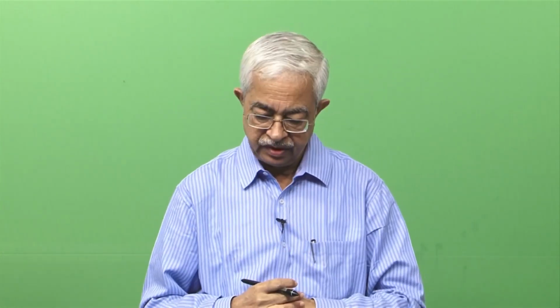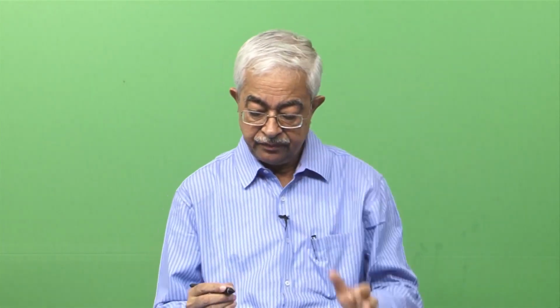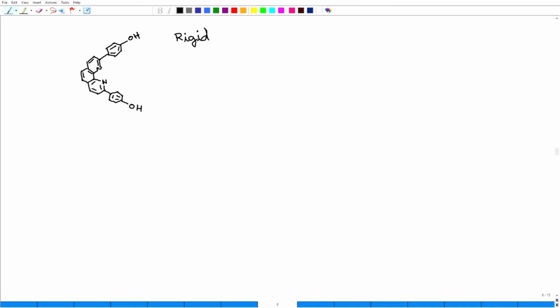So, number 1, we have to take a rigid structure, and in the middle of the rigid structure we have 2 nitrogens that can coordinate a transition metal ion. That is number 2.